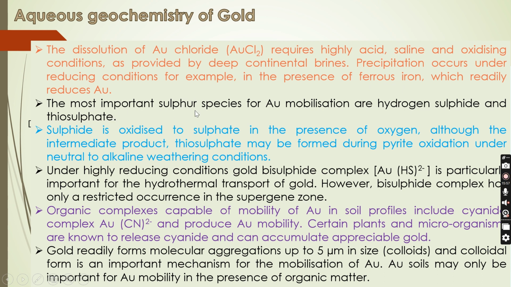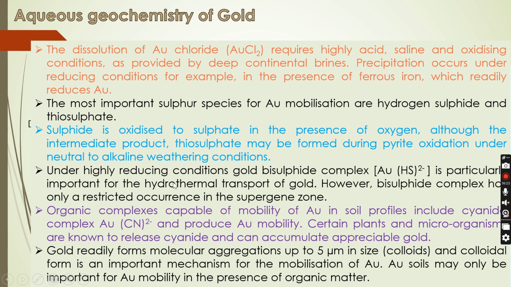The most important sulfur species for gold mobilization are hydrogen sulfide, H2S, and thiosulfate. In the previous slide, as I have discussed, sulfide is oxidized to sulfate in the presence of oxygen, although the intermediate product thiosulfate may be formed during pyrite oxidation under neutral to alkaline weathering conditions.